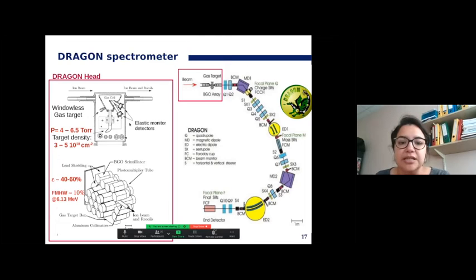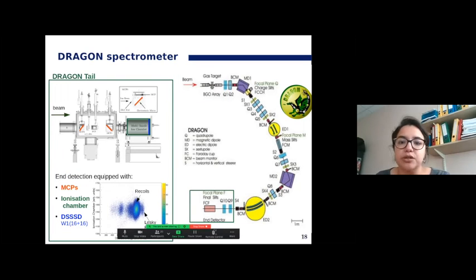The gas cell is surrounded by an array of 30 BGO detectors covering almost 4 pi solid angle and works as a calorimeter with up to 60% detection efficiency and 10% resolution at 6 MeV.